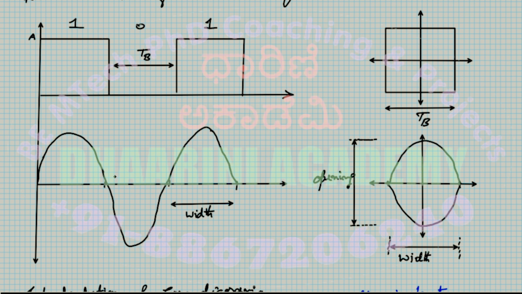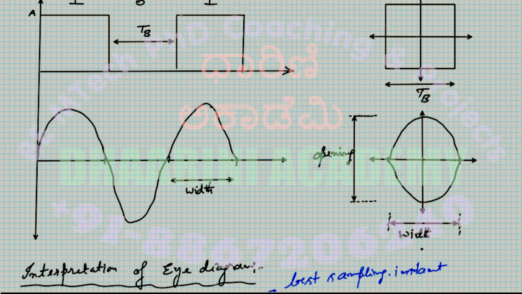Whenever you use a sinusoid, you will be able to see an eye like structure, as seen on the right hand side. Okay, so the height is called the opening, and the horizontal distance between the two zeros present over here is called the width of the eye.